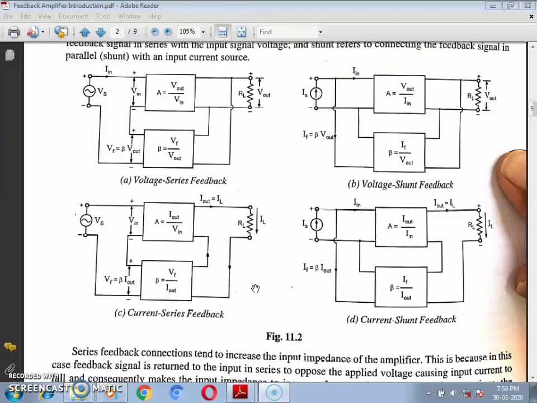Both this voltage and the current may be fed back to the input either in a series or a parallel shunt, resulting in four basic feedback connections.